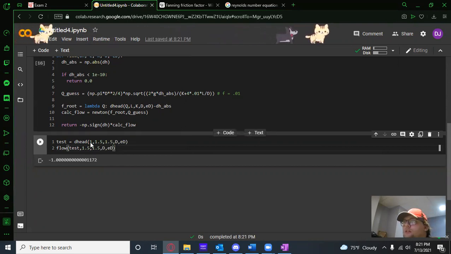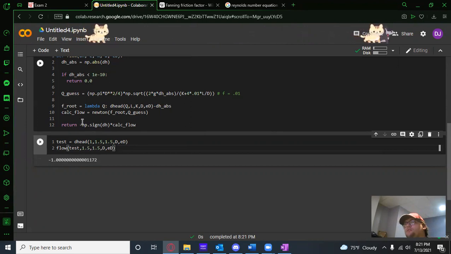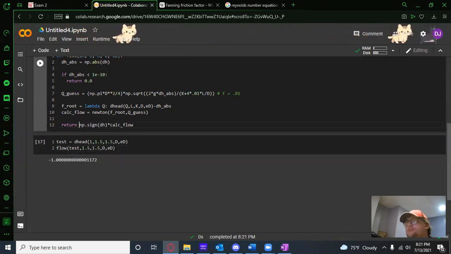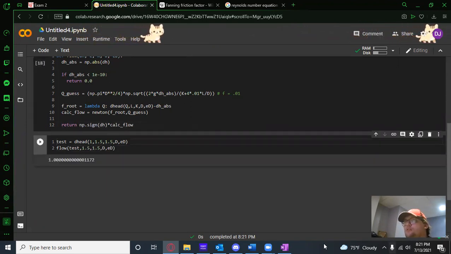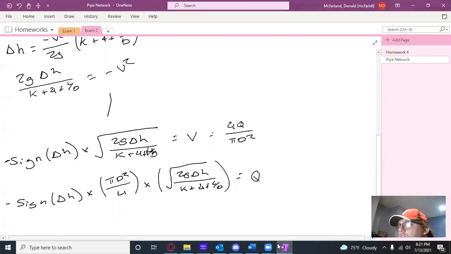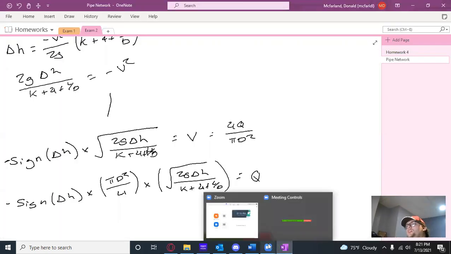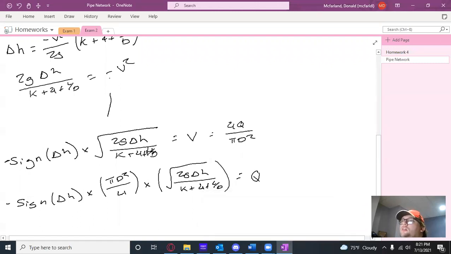Okay, so negative, so it should be positive. So let me remove this negative sign. Right, so we get our flow rate extremely close to 1. So where I screwed up here is we don't want this negative sign. So we just toss it into the trash can.